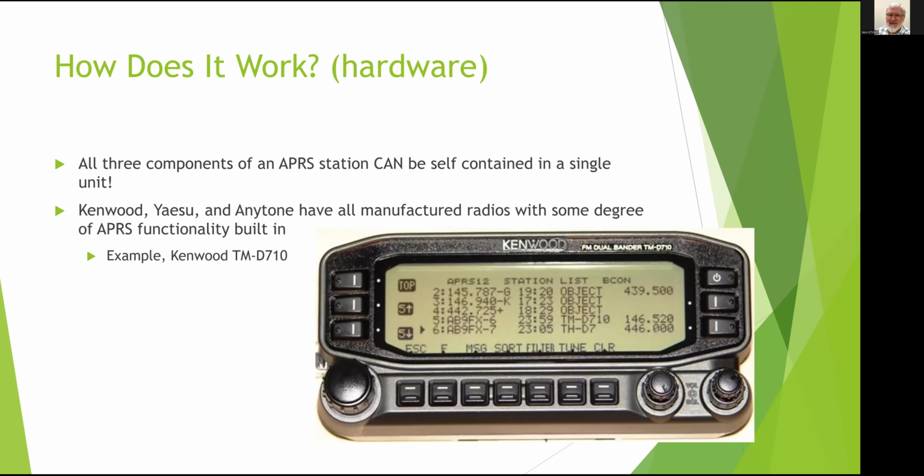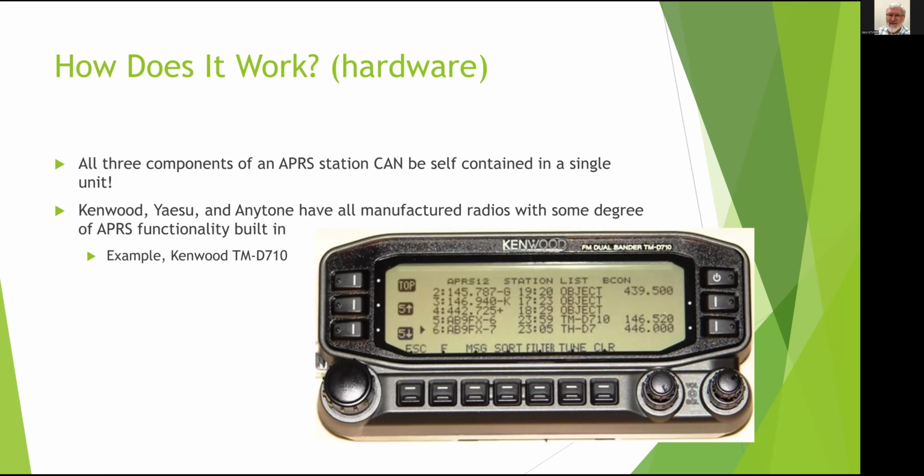Okay, all three components of an APRS station, the display, the TNC, and the radio, can be in a single box. Right here, the picture on the screen is a Kenwood, I think that's the 710. We have one of those over at the EOC.